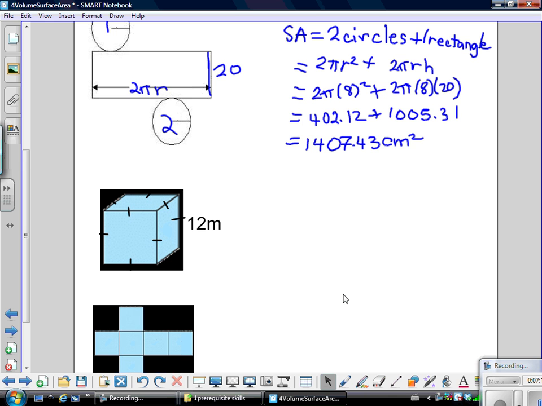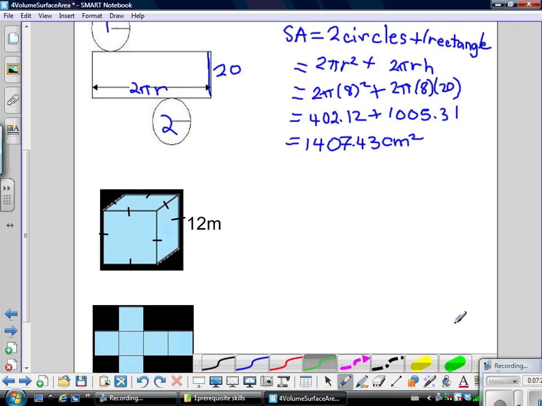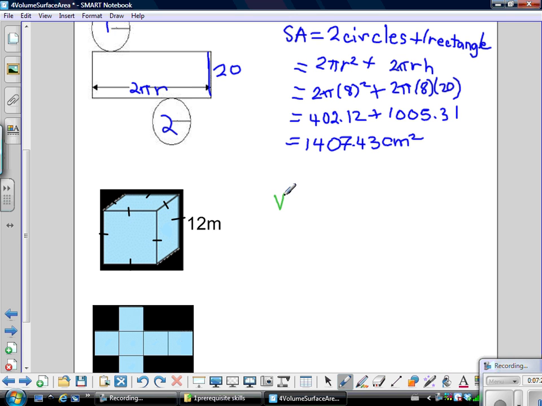We know that the volume of a rectangular prism is length times width times height. Because we're talking about a cube, we often talk about just the one side length, and it would be cubed, because it'd be s times s times s, which is s cubed.